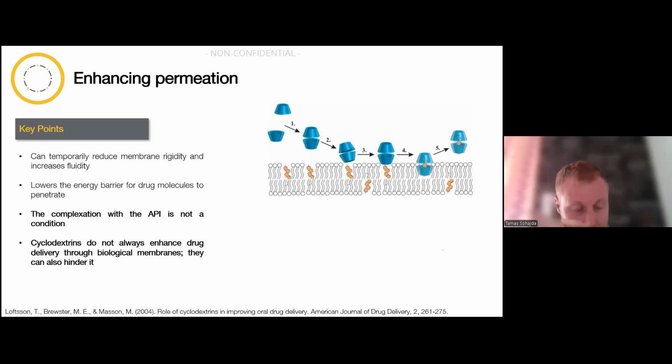So this happens. That's true. What is needed for this to happen? To enable this phenomenon, we need a fairly high concentration of cyclodextrin on the surface of the target membrane. And this is given with some formulations, like the nasal spray that we mentioned.